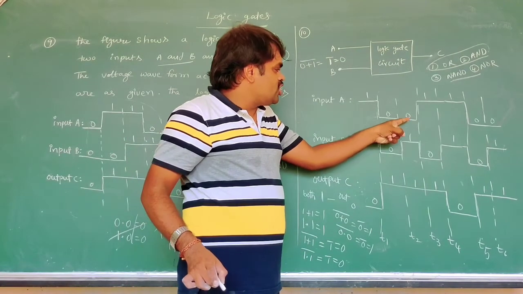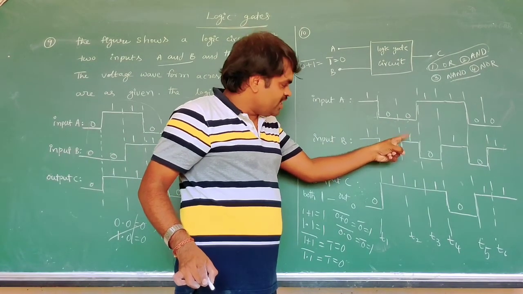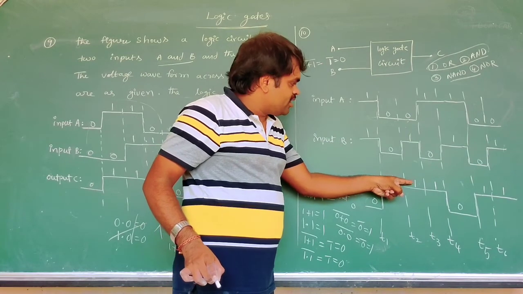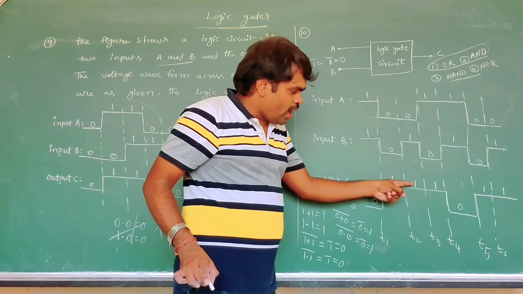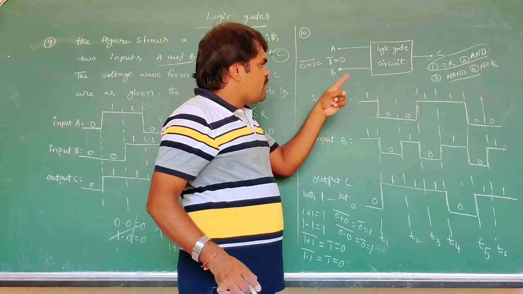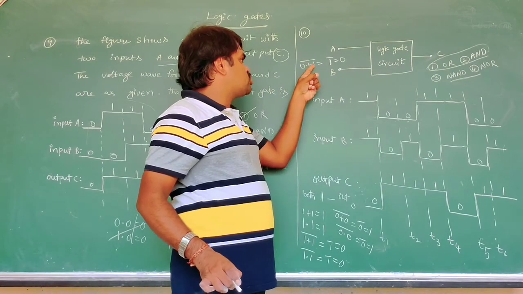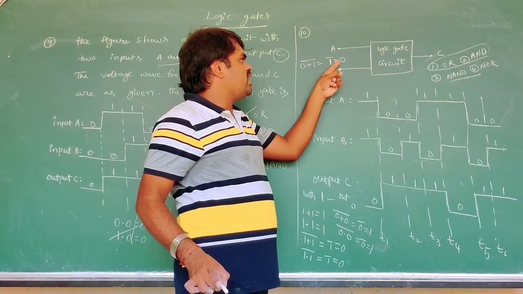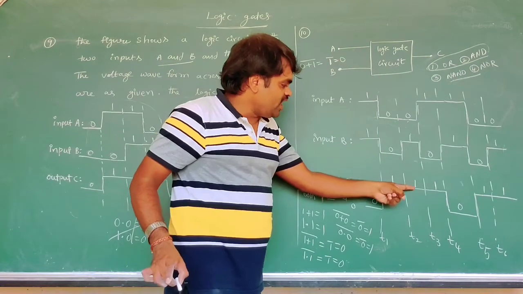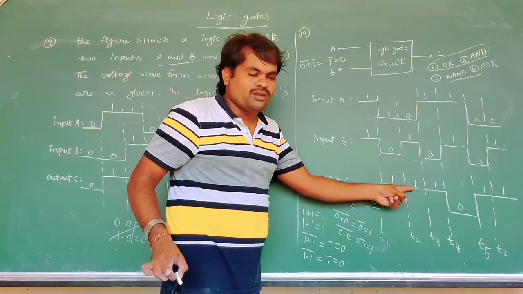But 0 plus 1 is 1, so for 0 1 we are getting 1. If it were a NOR gate, 0 plus 1 bar would be 1 bar, which is 0. But here the output we are getting is 1.